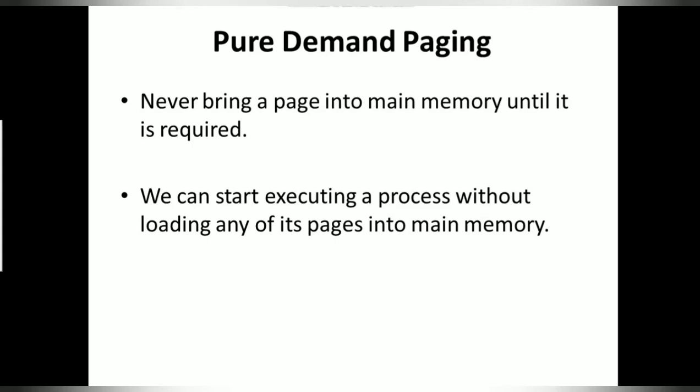It needs the very first frame that is not available, so it is going to fault, and now that page is brought to the main memory, and it is executing. After the completion of that execution, it needs another page or another chunk of code, so it again faults.